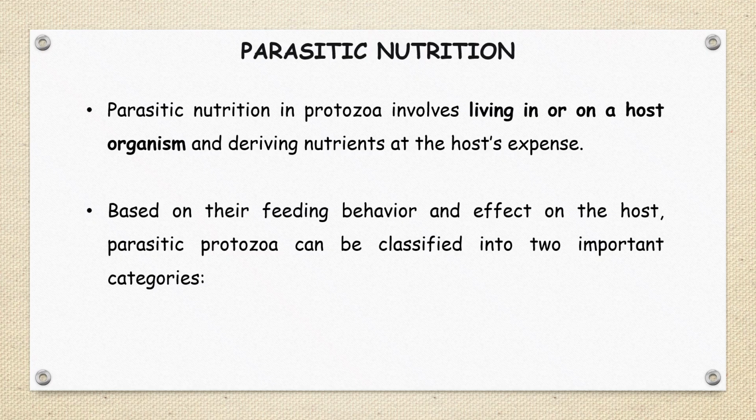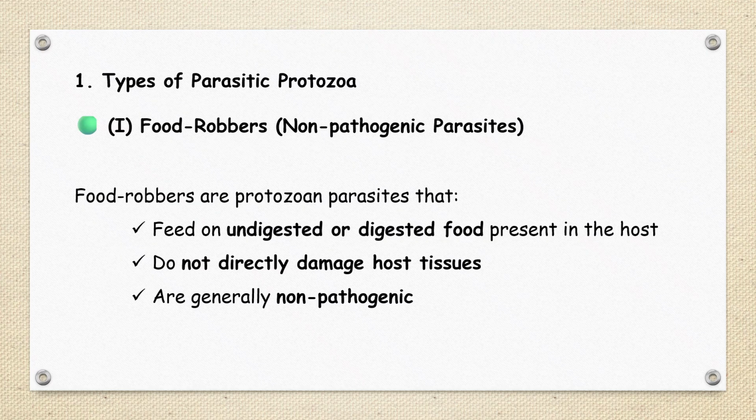So basically, based on the behavior of the protozoans, we have divided them into two different categories. The first category is known as food robbers. They are meant for getting the food only. They are not going to cause any type of disease. They're something like harmless protozoans. They only depend on another host body for getting food.